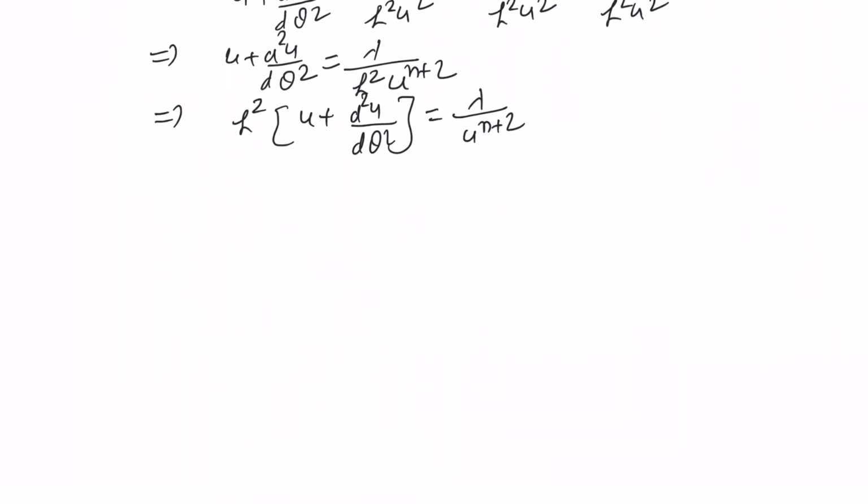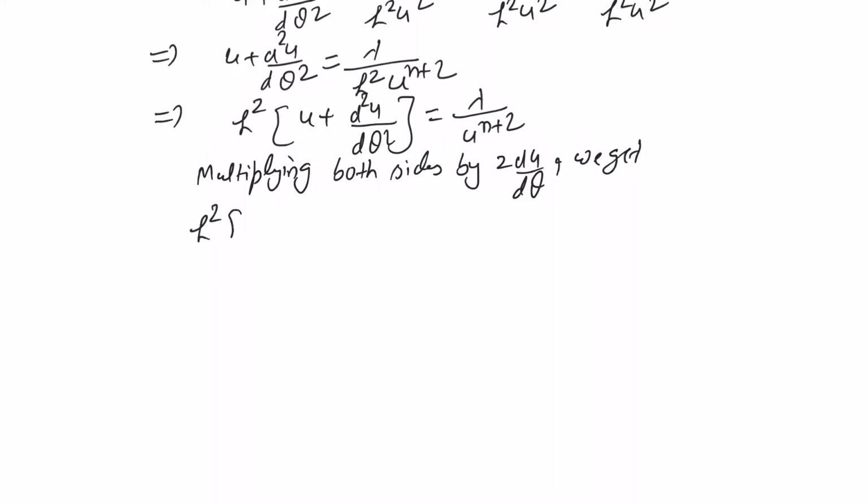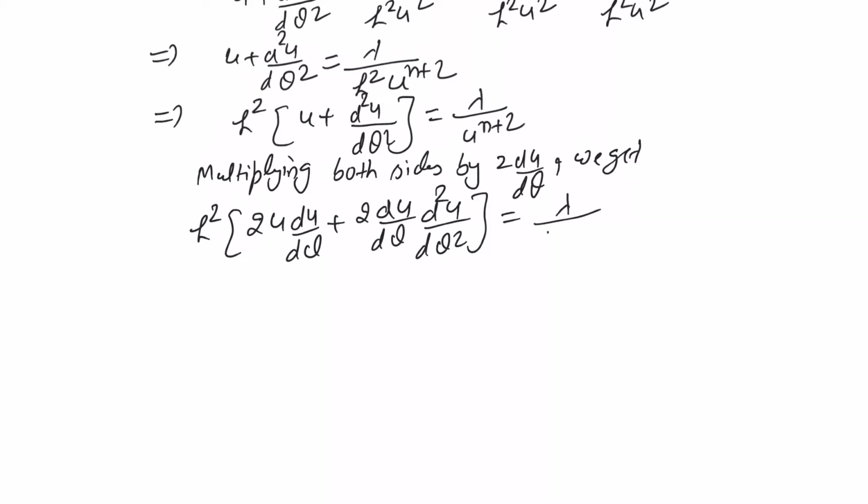Next, we multiply both sides by 2 du/dθ, we get h² (2u du/dθ plus 2 du/dθ d²u/dθ²) is equal to lambda u^(n+2) times 2 du/dθ.